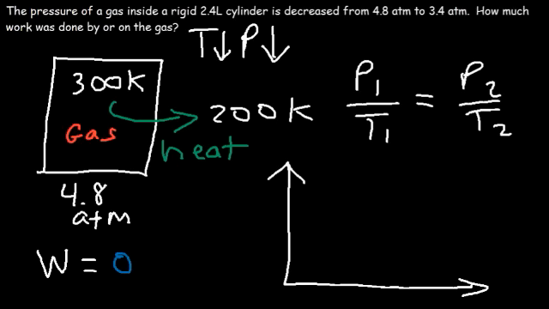Also, if you draw the PV diagram, we have a pressure of 4.8, and it's decreasing to 3.4 at a constant volume of 2.4 liters.